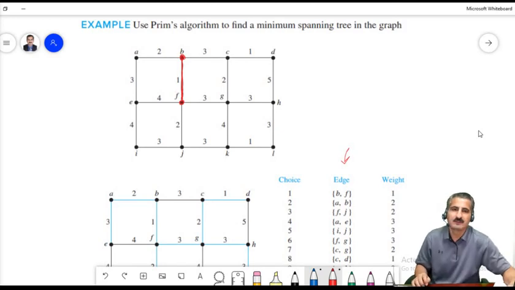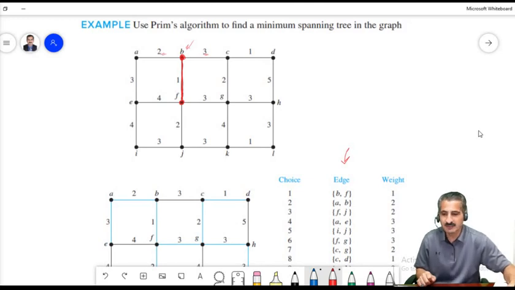Now, what edges can you see from either of these two vertices? If you are at B, you can see an edge of weight 3 and of weight 2, right? And if you are at F, you can see an edge of weight 3 and weight 4.